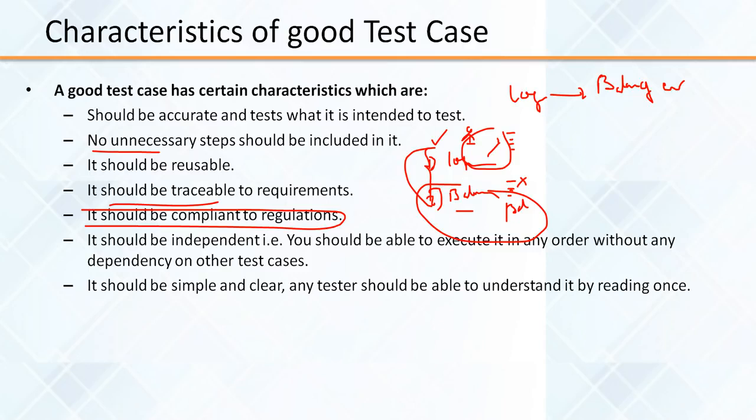It should be independent, simple and very clear. Any tester should be able to understand it by reading the words. If you provide your test cases to some other person, he should be able to clearly understand them. In that way you have to create your test cases, and they will be good test cases if you follow these rules.